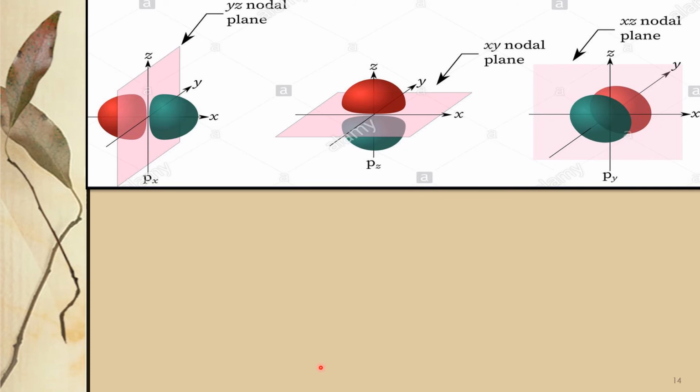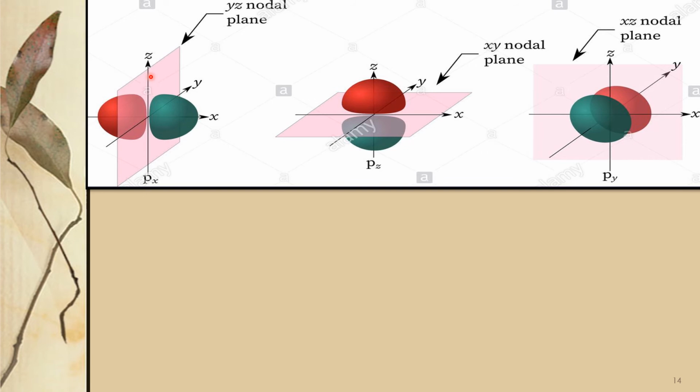Now, please see the nodal plane for the p orbital. Here the orbital is on the x axis, but the y and the z are nodal planes. In this area, electron is not available. Clearly, it has been shown. The pink shaded area is called the nodal plane for the px orbital.